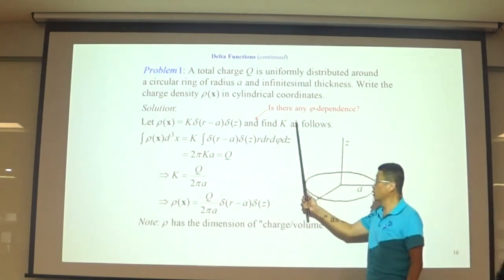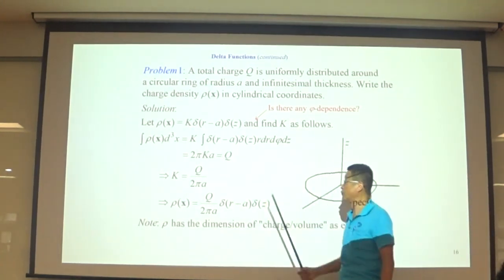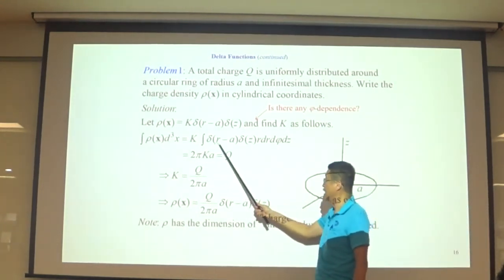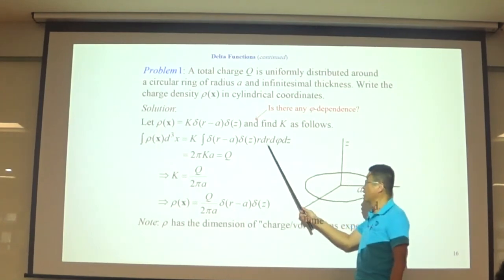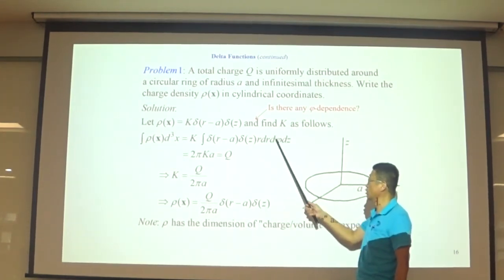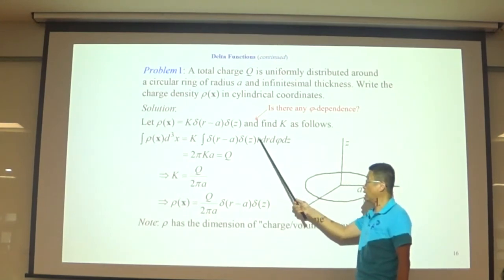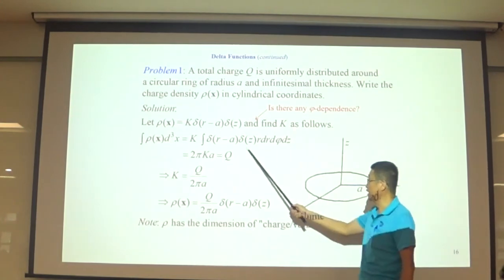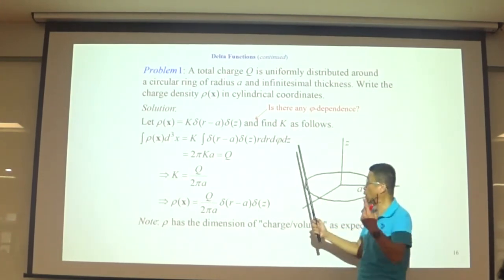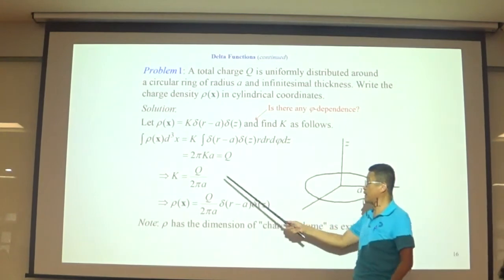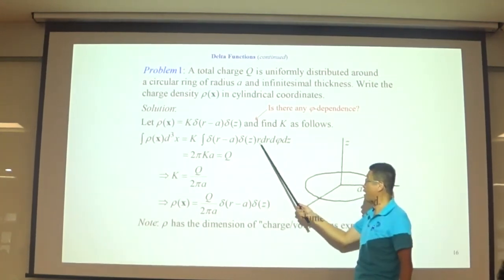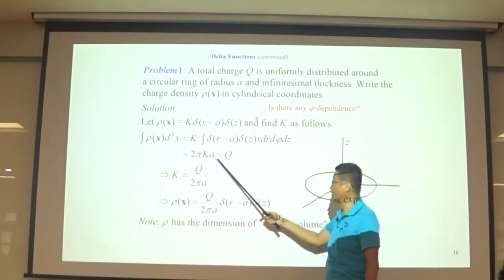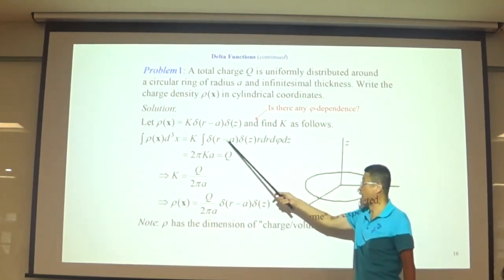Okay? So we can start to find the coefficient k. Just put it inside. And we know the volume element is r dr d phi dz. dz, nothing, just 1. d phi gives us 2 pi. r dr, only when r equals a.